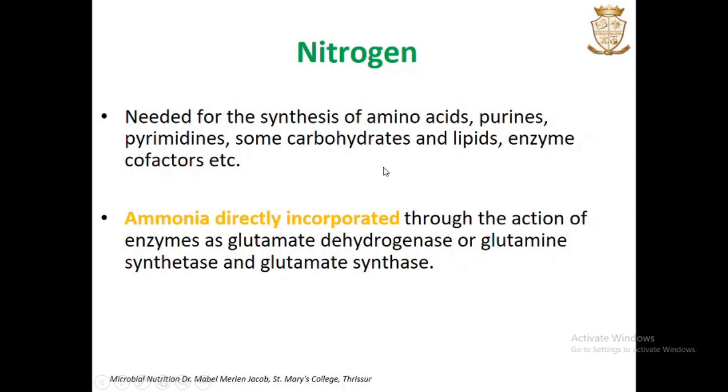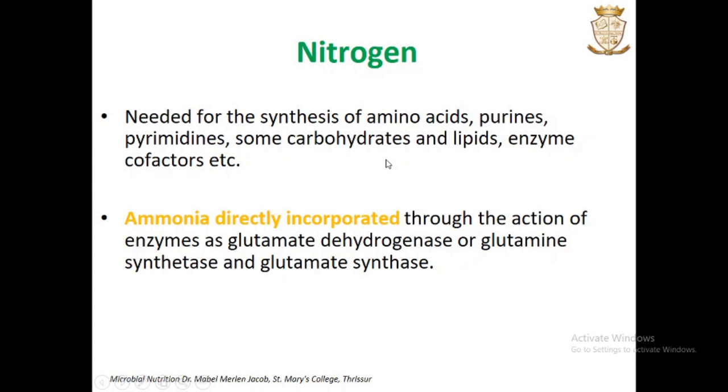Next we have nitrogen. Nitrogen, as we all know, is needed for the synthesis of amino acids, purines, pyrimidines, carbohydrates, lipids, enzyme cofactors, etc. Nitrogen can be incorporated as ammonia directly through the action of enzymes like glutamate dehydrogenase or glutamate synthetase. So microorganisms can incorporate ammonia by the action of these enzymes.